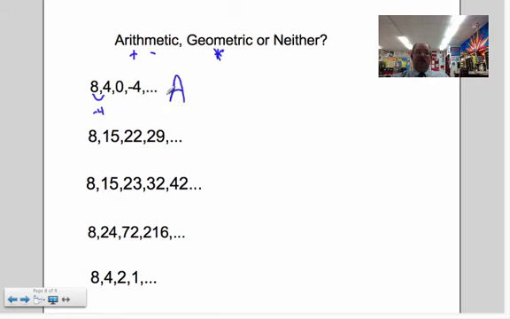So I'd call that one arithmetic. This one, plus 7, plus 7, plus 7. Ooh, two arithmetic ones in a row. You can work the next three and show me those later on and see what you come up with. So the choice is either going to be arithmetic, geometric, or none of the above. Neither. All right.